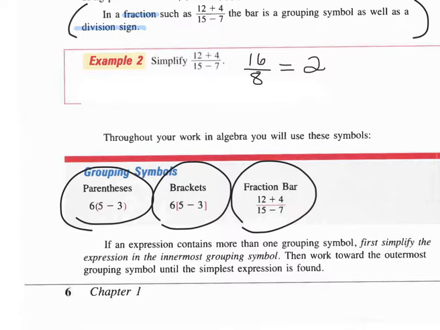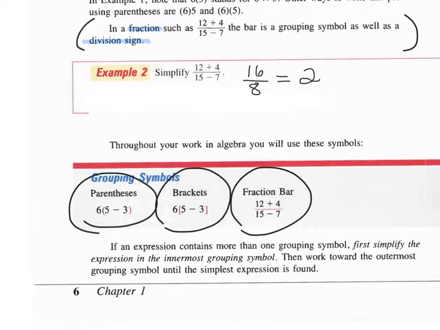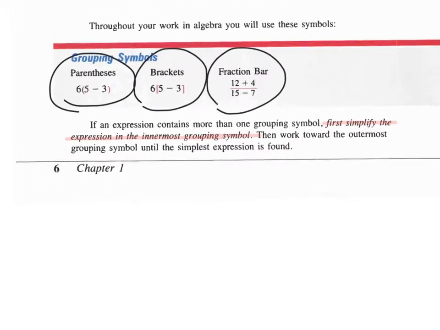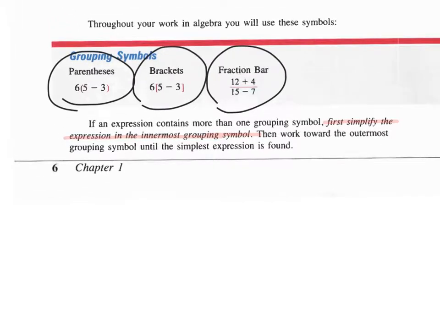Okay, so generally when you're going to see brackets, you're going to have a parentheses within them. So notice here in the italicized print, it says, first simplify the expression in the innermost grouping symbol. So more than likely when you're going to see brackets, you're going to have something like this.